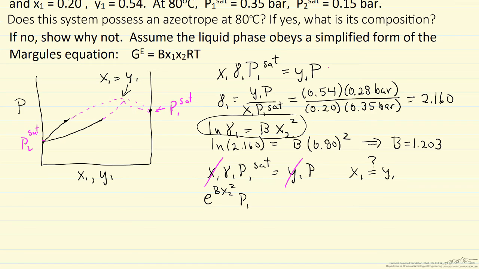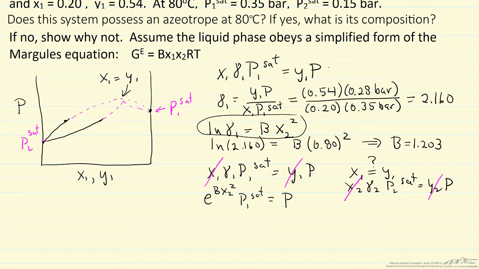P1 sat is a number that we know. P is the pressure at the azeotrope, and we don't know that. And of course, we likewise can write x2 gamma 2 P2 sat equals y2 P. And then we can make the same substitution at the azeotrope.